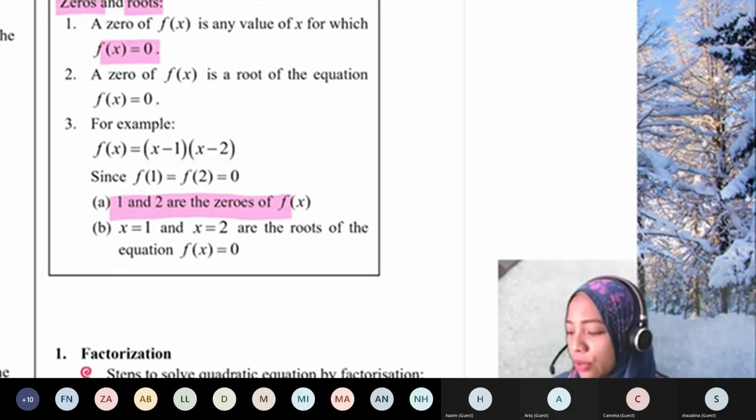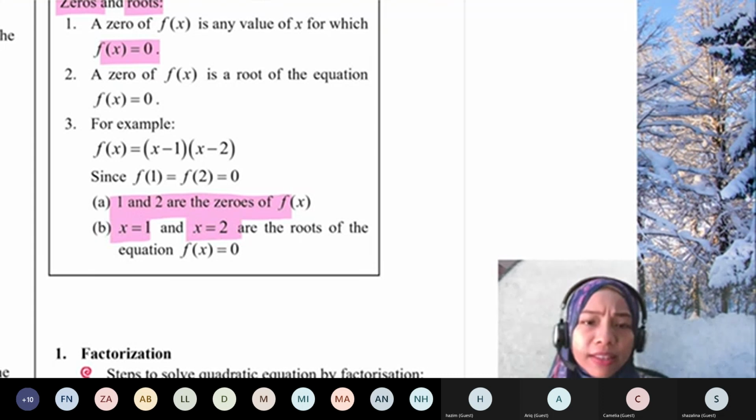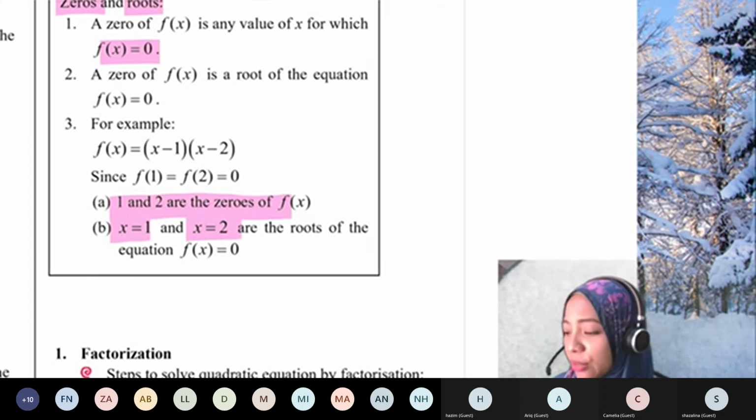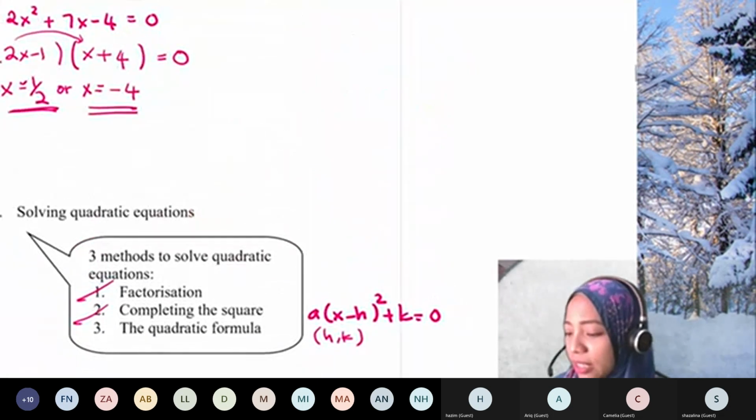1 and 2 are the zeros. If it says roots, x equals to 1, x equals to 2 are the roots. Basically the answer is the same, but it is the way you present your answer. If it says this, you say these are the roots. Okay, x equals to 1 over 2, x equals to negative 4 are all the roots.